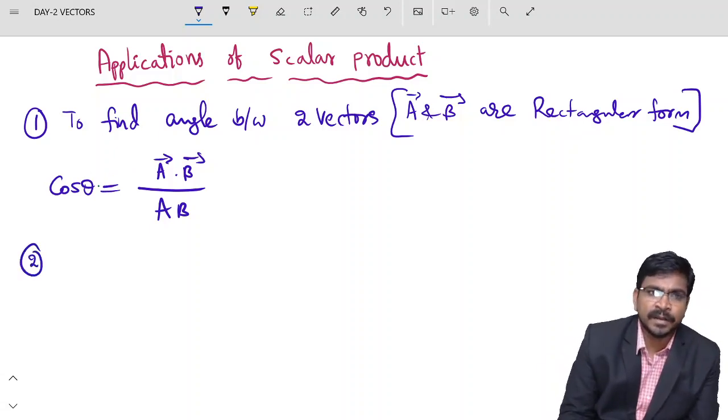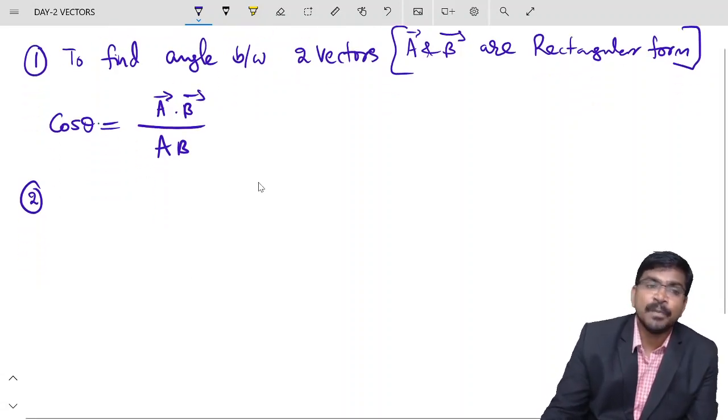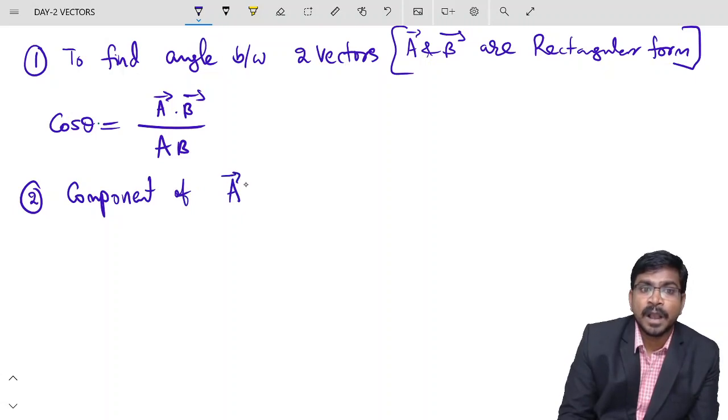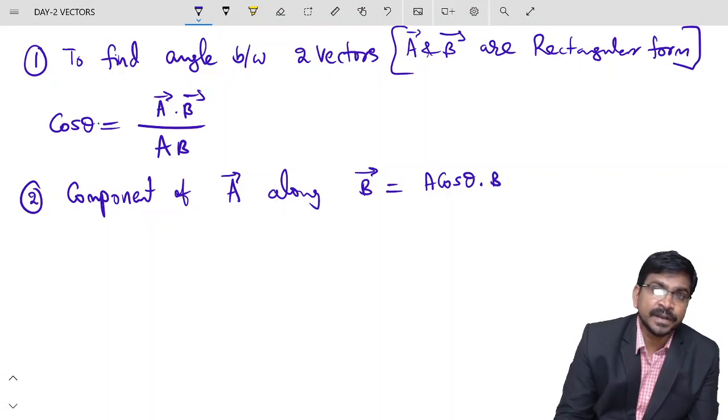And second, to find work done, or instead of going into physical applications, let me come to one more mathematical application: to find the component of A along B, that means A cos theta in the B direction.